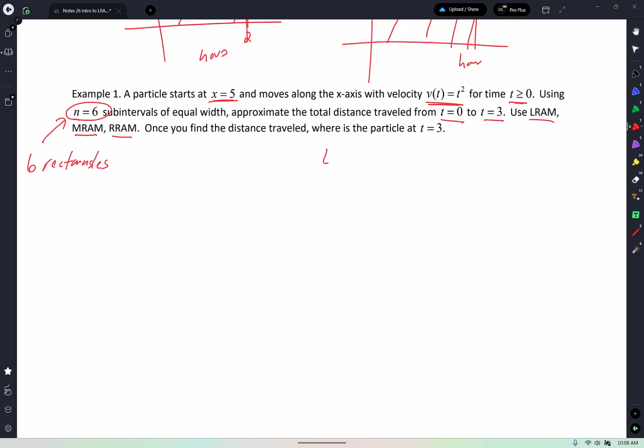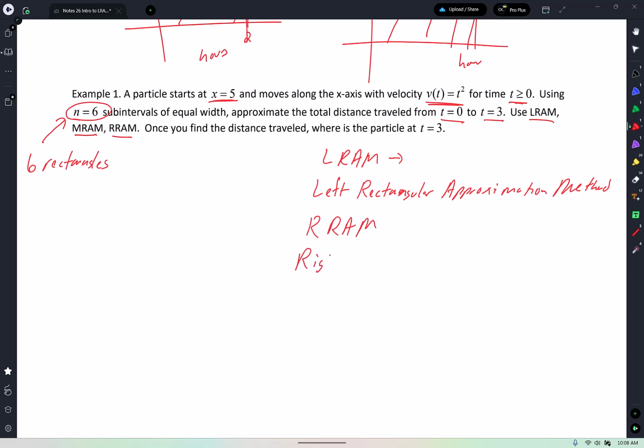So what does LRAM stand for? It stands for left rectangular approximation method. What do you think RRAM stands for? Yep, right. It's exactly that.